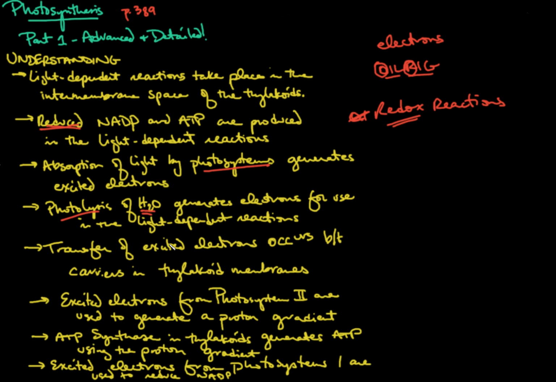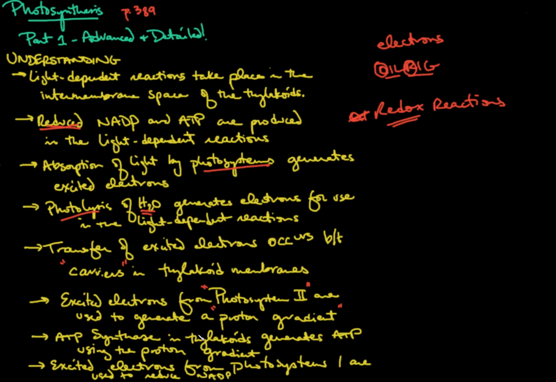And the transfer of these excited electrons occurs between the carriers, between these things called carriers, in the thylakoid membrane. Those excited electrons from photosystem 2, which is an important word, photosystem 2, are used to generate a proton gradient, yet another term.